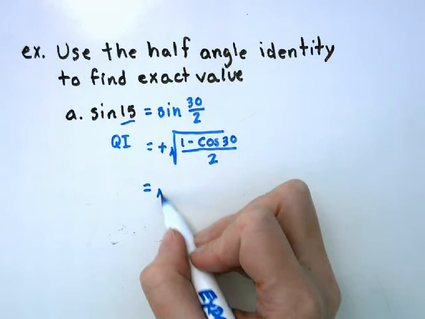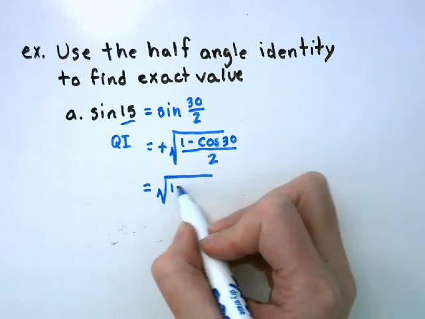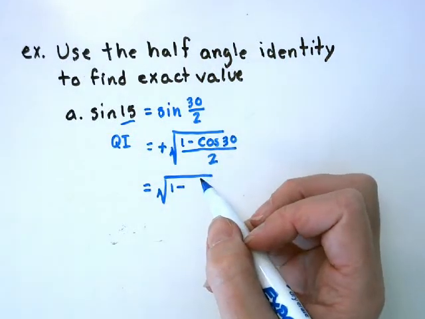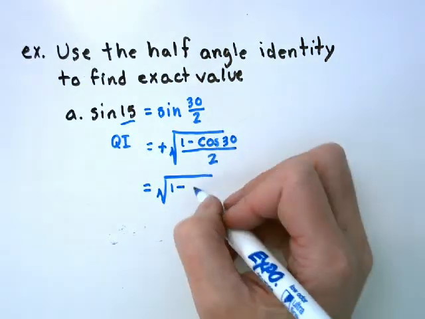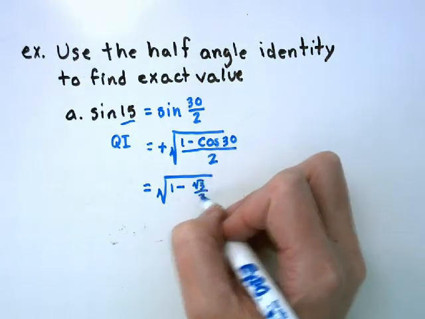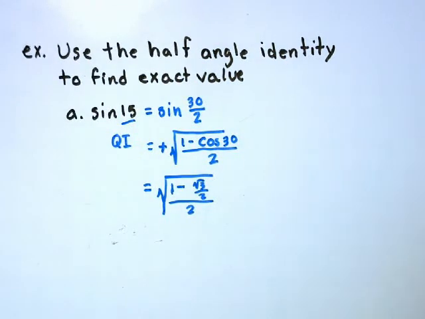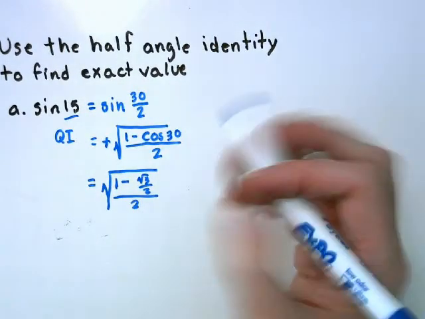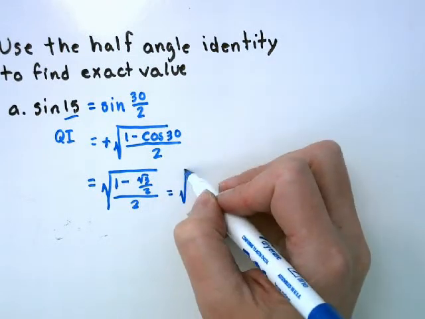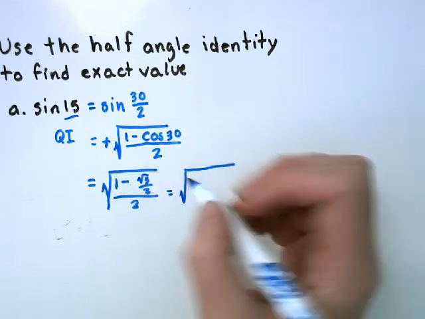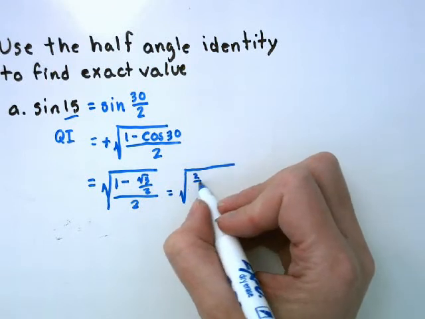So this is going to be the square root of 1 minus the cosine of 30, which is root 3 over 2. Okay, so this is the value, but we're going to need to do some simplifying. I'm just going to work straight across. First, I'm going to turn this 1 into a 2 over 2.